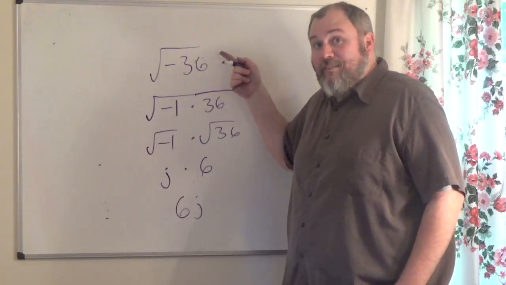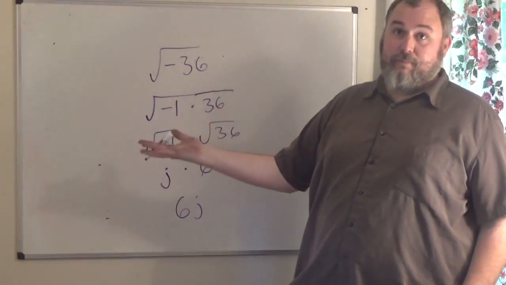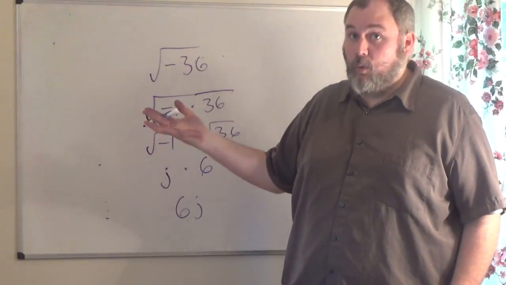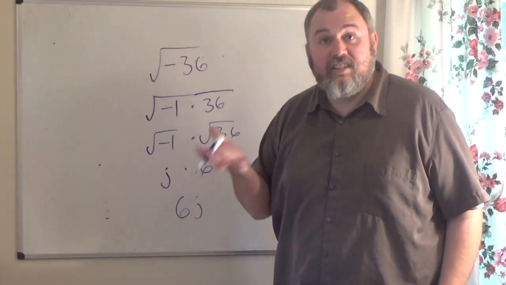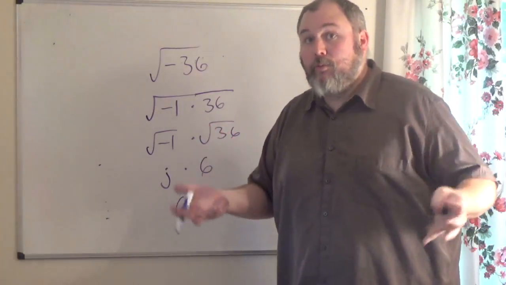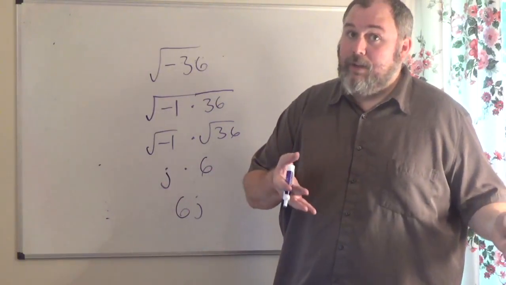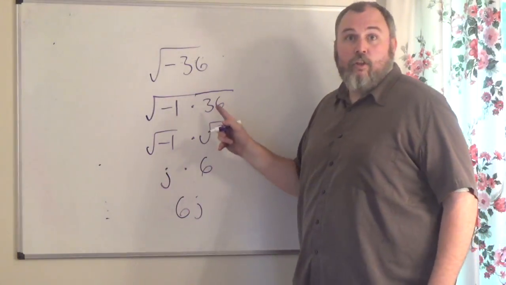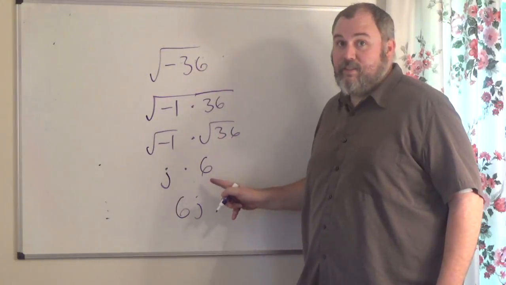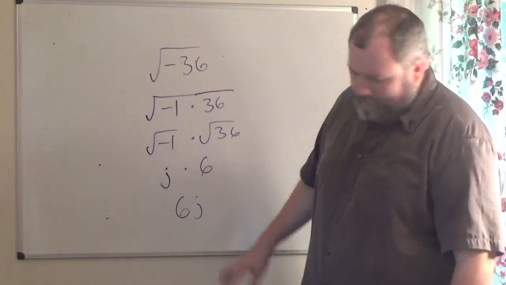So the square root of negative 36, we factor out the negative 1, it's imaginary because it doesn't exist. Just like I told you, there is no known number in the universe that multiplied by itself will equal negative 1, just like we said all the way back at the beginning of the semester. So it's imaginary. The square root of 36 happens to be 6. Multiply together, 6j.